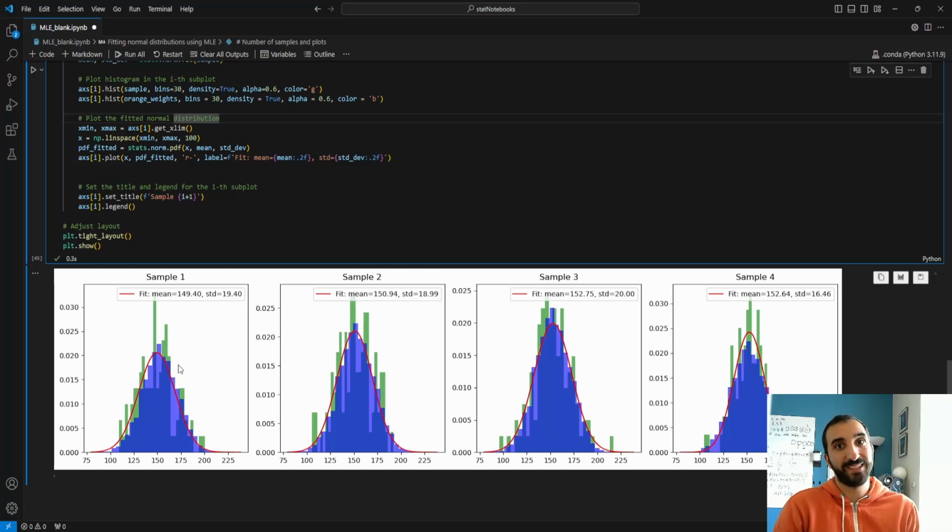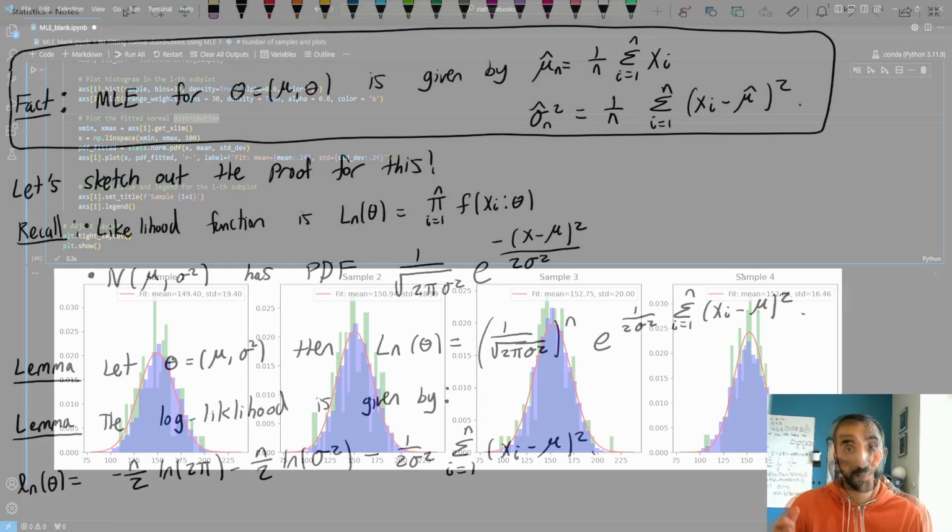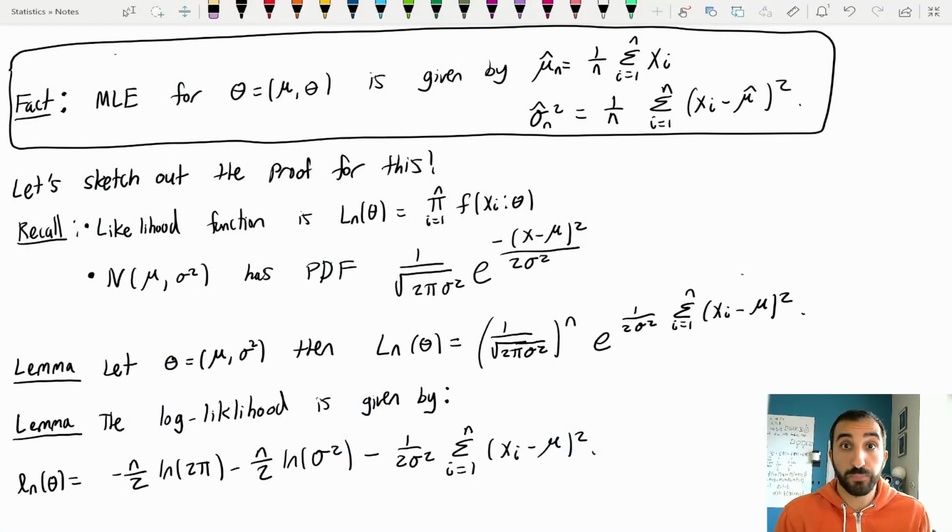And if you're interested, we could see that maximizing the log likelihood for the normal distribution amounts to just picking out the sample mean and the sample variance. Let's go ahead and sketch out a proof of this. So let's recall a couple facts.